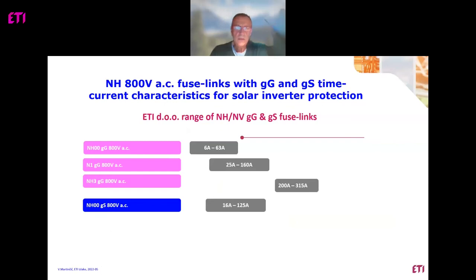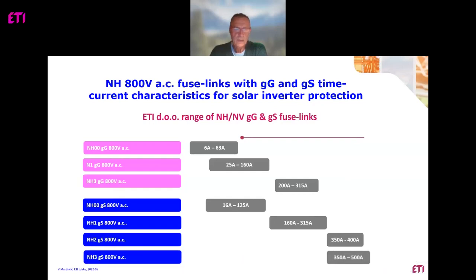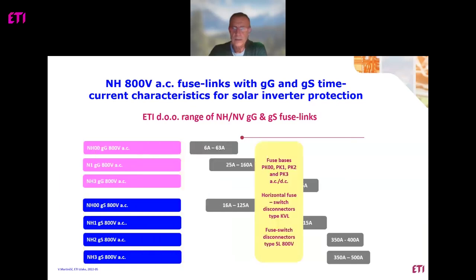Regarding gS characteristic, we have again size 00 gS up to 125 amps, size 1 up to 315 amps, size 2 gS up to 400 amps, and size 3 gS up to 500 amps. Regarding requests from the market, we are ready to develop new types or new rated currents. We are very open regarding this request.